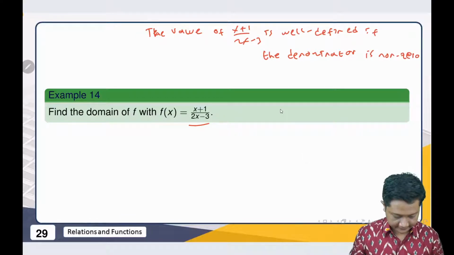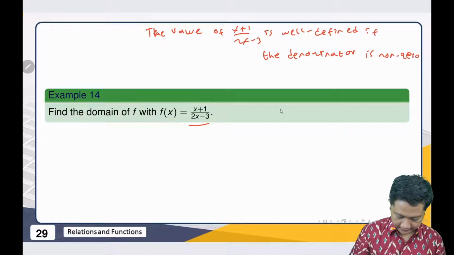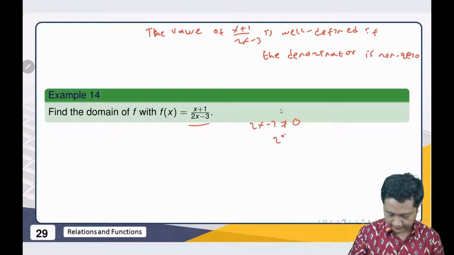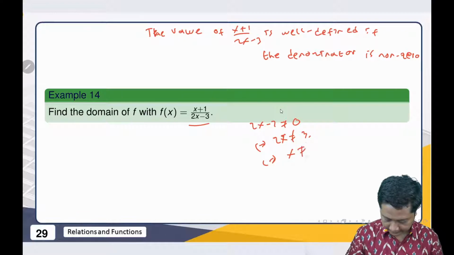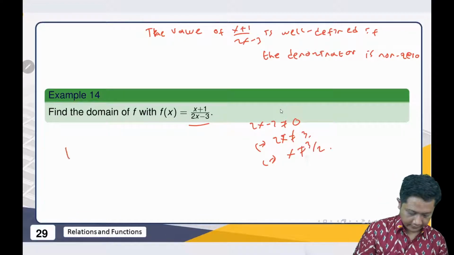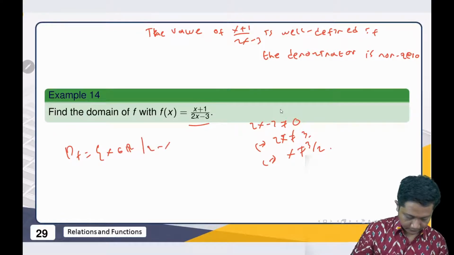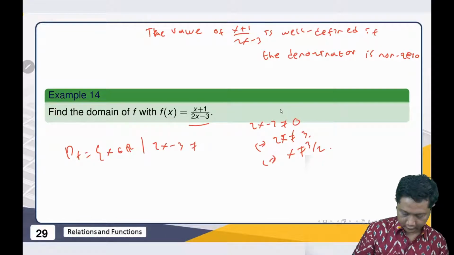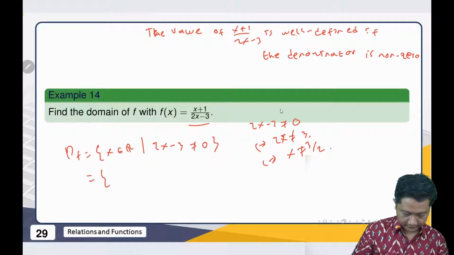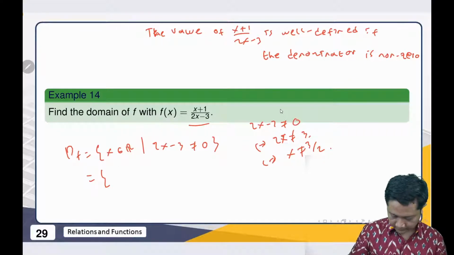What does that mean? That means 2x minus 3 cannot be 0. So 2x cannot be equal to 3, so x cannot be equal to 3 over 2. That's why our D_f is every real number where the denominator cannot be 0, so 2x minus 3 cannot be 0. Then what we have will be here.